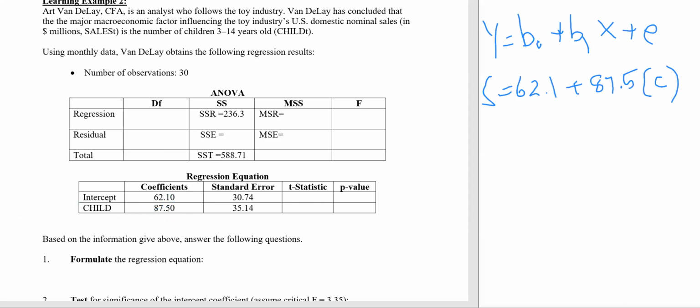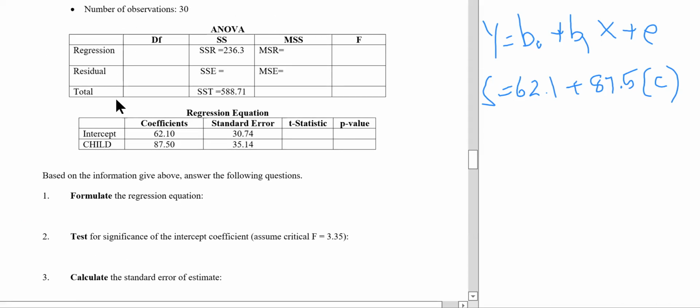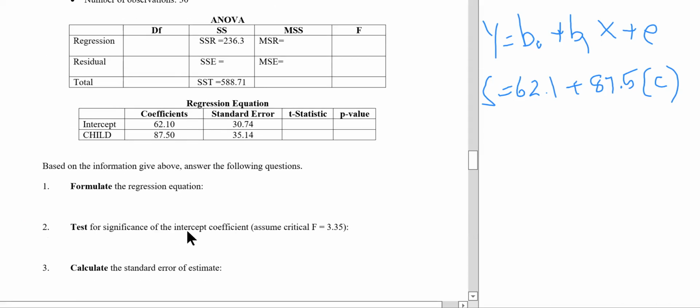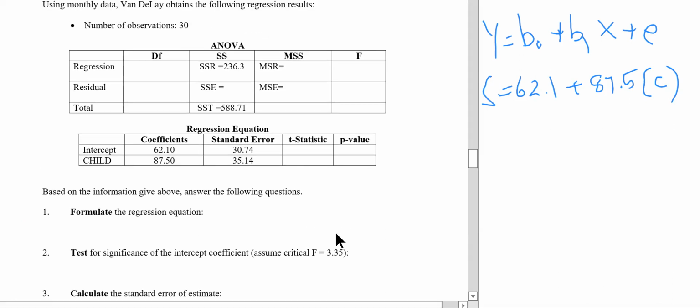Now, moving forward, it says, let's test for significance of the intercept coefficient. Assume a critical F value of 3.35. Okay, so for question number 2, we've got to back ourselves up here.